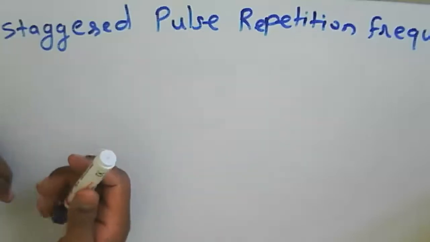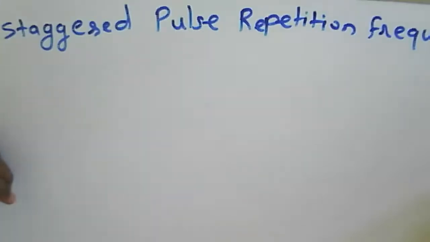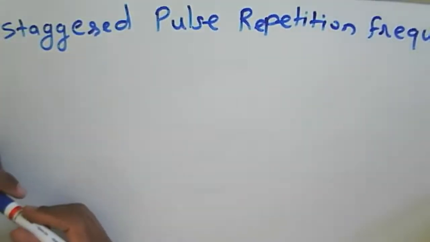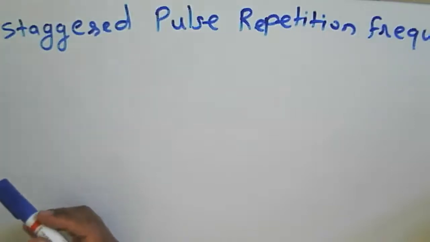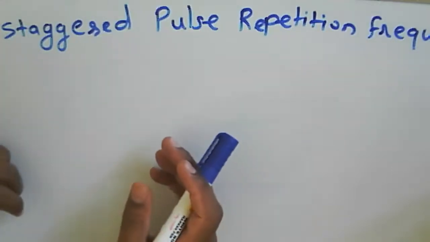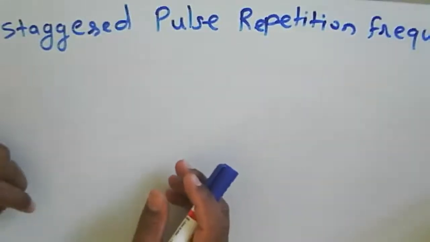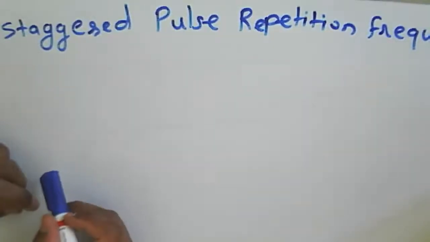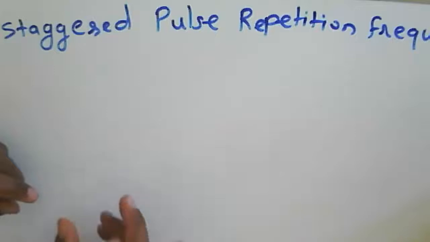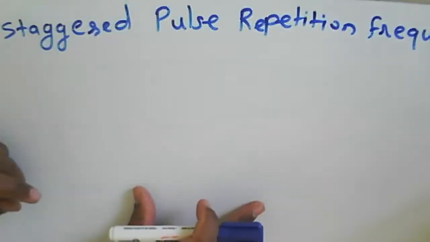We have seen earlier the single delay line canceller and then the double delay line canceller. The delay line canceller rejects stationary objects, or you can say it rejects the stationary clutter at zero frequency, and a delay line canceller is a time domain filter.